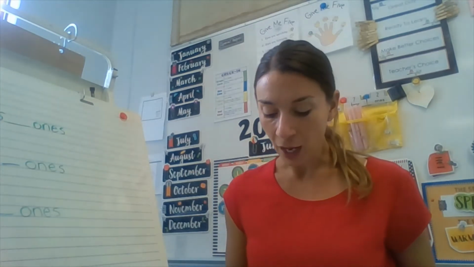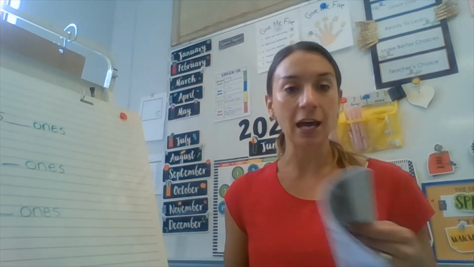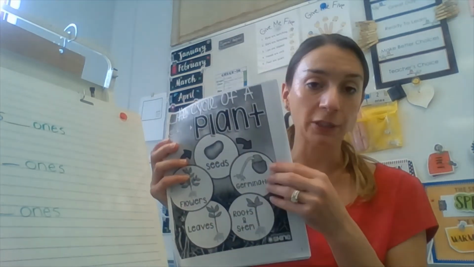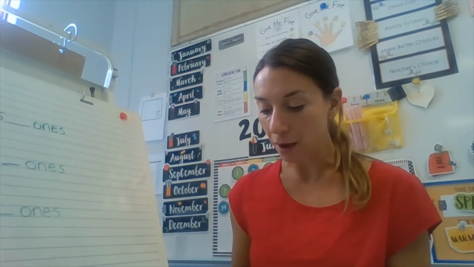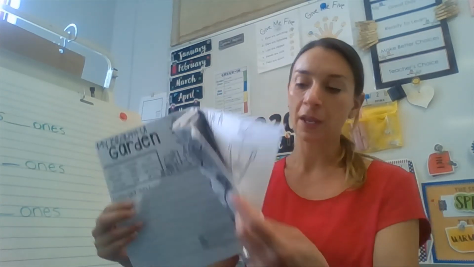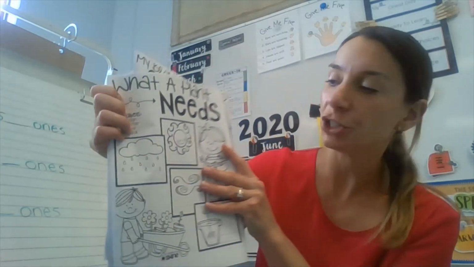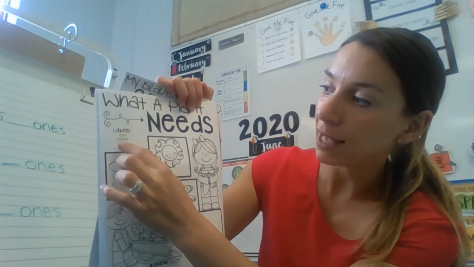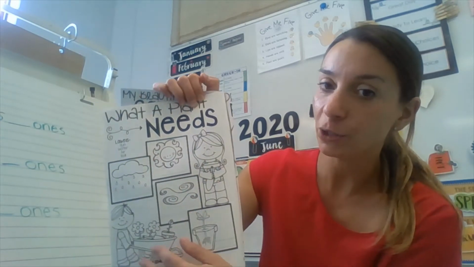So what I'd like you to do, there's a couple activities I'd like you to do in your plant booklet. So I've told Mom and Dad what they are, but just in case you want to know, you can complete this one really quickly, which is basically just writing down what a plant needs. See, here's the label: sun, water, air, and soil. So that one's super easy.